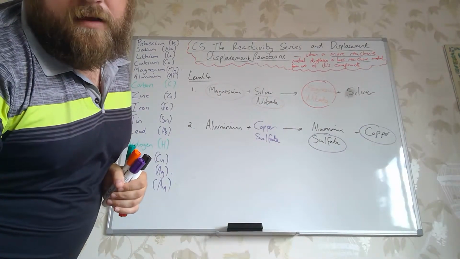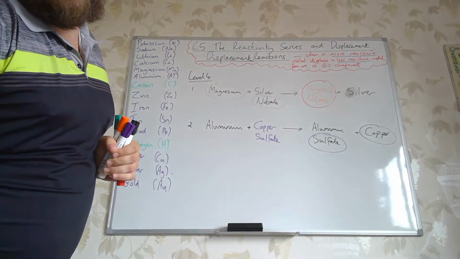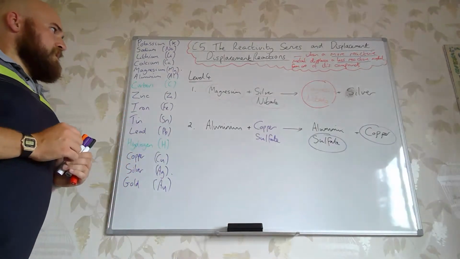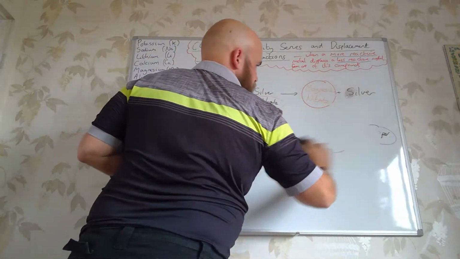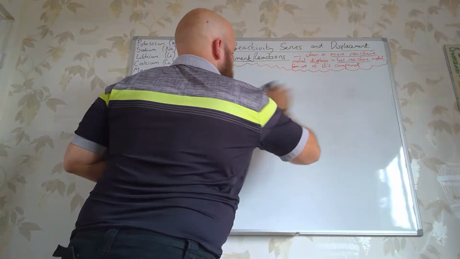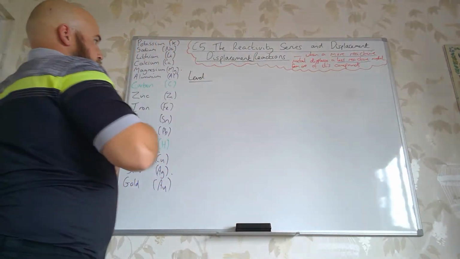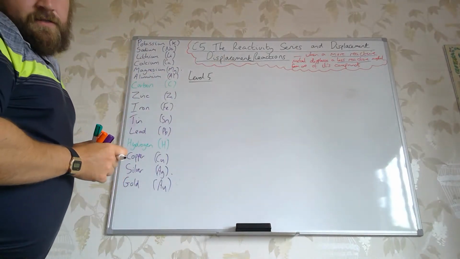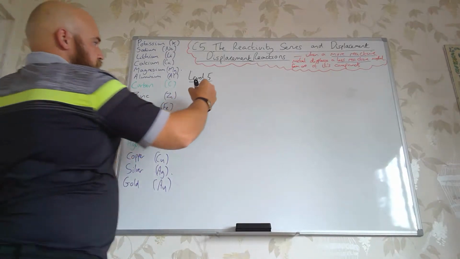Okay. So let's look at level 5 then. Okay, so level 5 questions. So what have we got here? We've got zinc and copper sulfate.